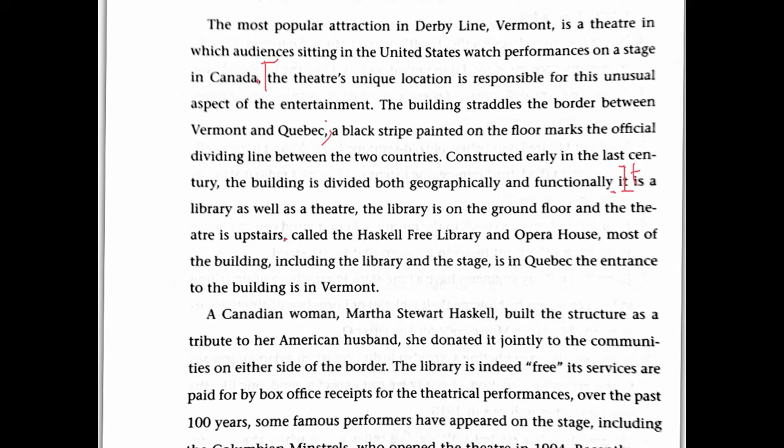Okay, period, capital C. Called the Haskell Free Library and Opera House, most of the building, including the library and the stage, is in Quebec, comma. The entrance to the building is in Vermont. We need to also add "while" to that part.